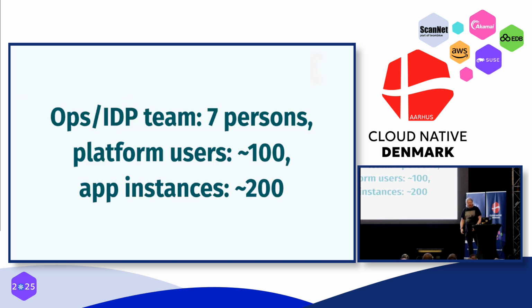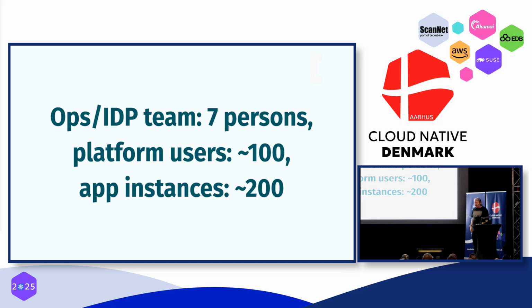And the size of this online digital services ops team, or the IDP team, which I'm part of, is 7 people altogether. And the users of our platform are maybe around 100 people, the active users.